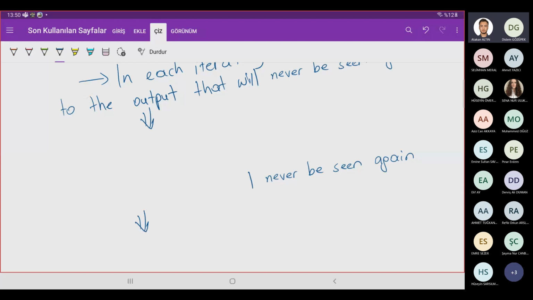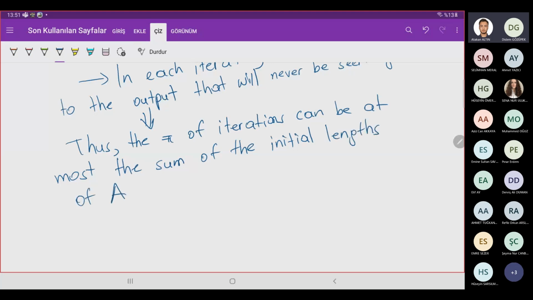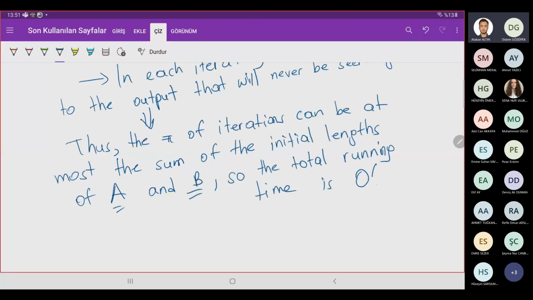Okay? So the total running time is linear, O(n), okay?